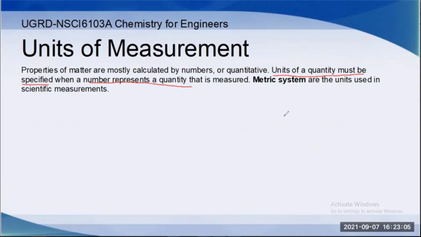Let's say, for example, you say you have 100. 100 what? 100 pesos, 100 kilograms, 100 stones, right? Whenever you mention a quantity, you should always specify what type of quantity is being measured. That type of quantity being measured is what we call the units, right?